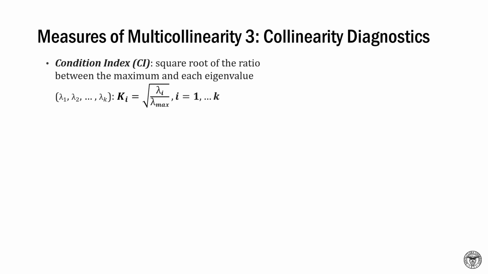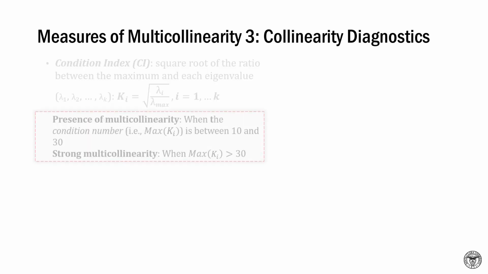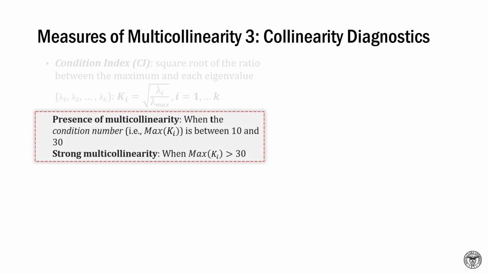In contrast, the condition index measures the overall degrees of multicollinearity in the data. The largest condition index is termed the condition number. A condition number between 10 and 30 indicates the presence of multicollinearity, and a value larger than 30 signifies strong multicollinearity.